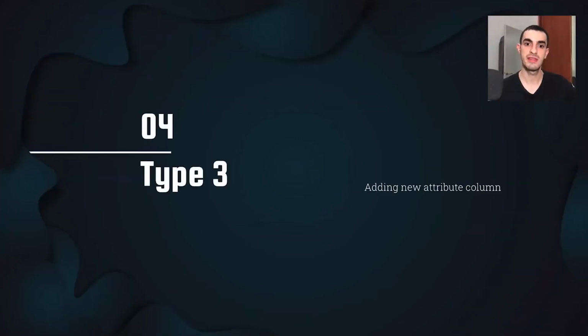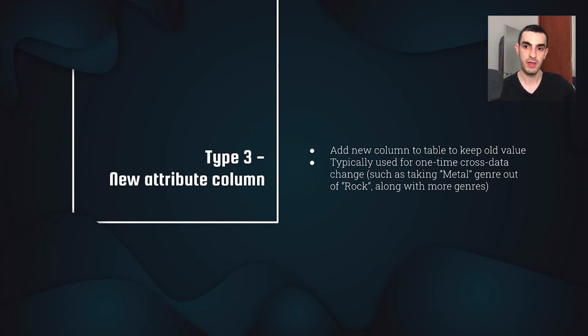So let's talk about type 3 slowly changing dimension, adding a new attribute column. In this type, we will add a new column to the table to track changes to one attribute. So we will have the old data in one column, and in the new column we'll have the new data.